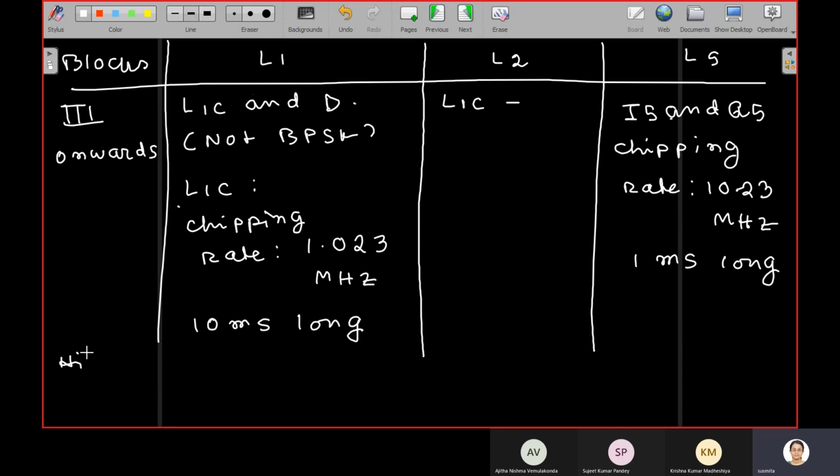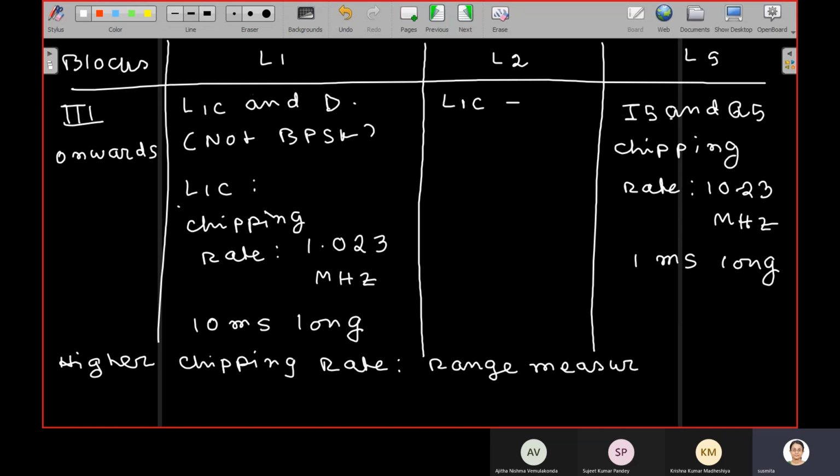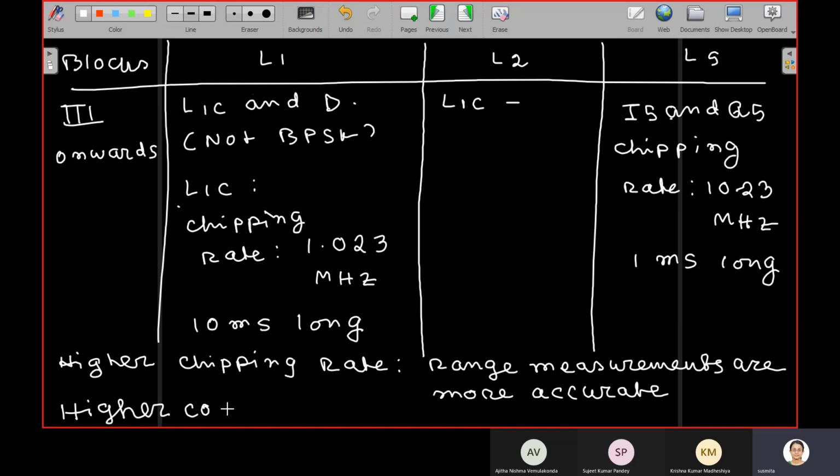A higher chipping rate allows us to determine the range measurements more accurately, and a higher code length allows us to receive weak signals.